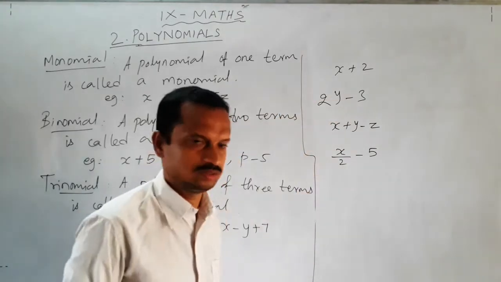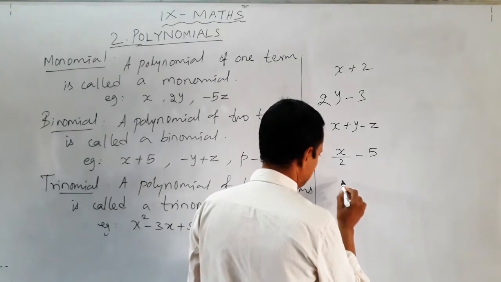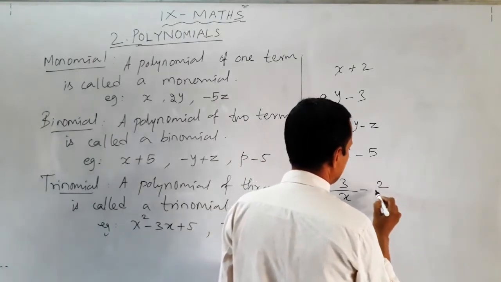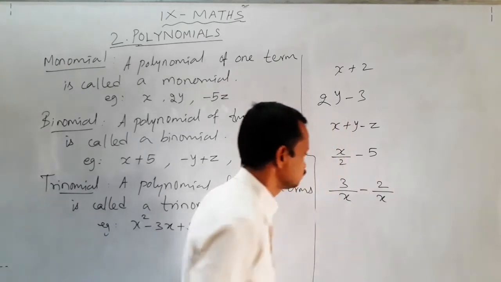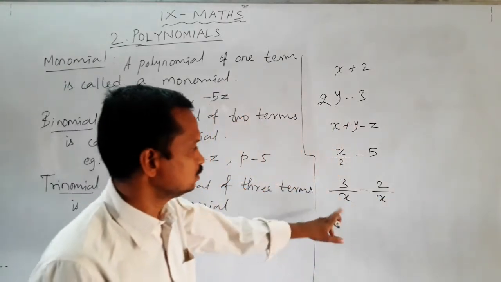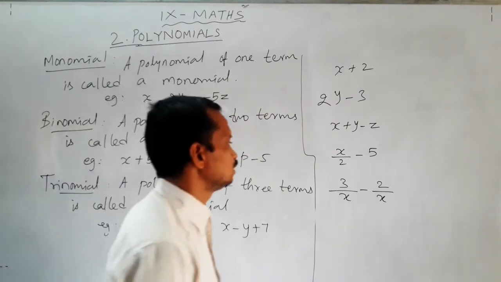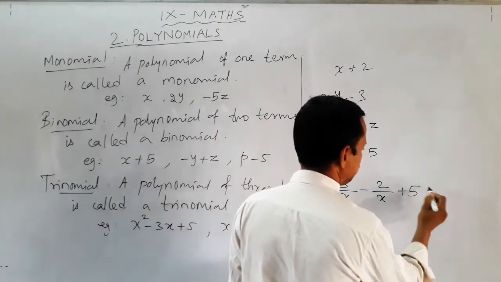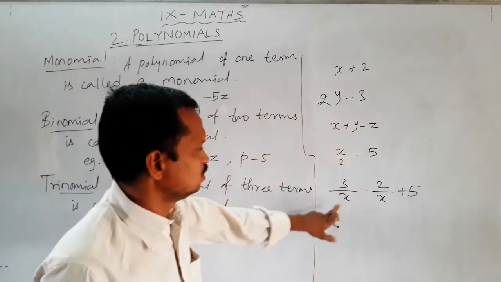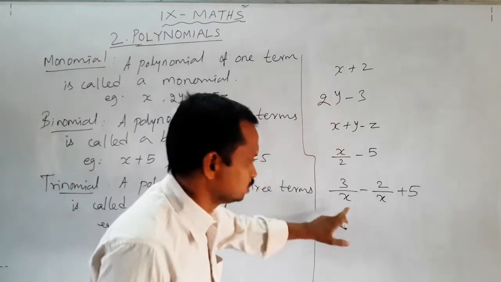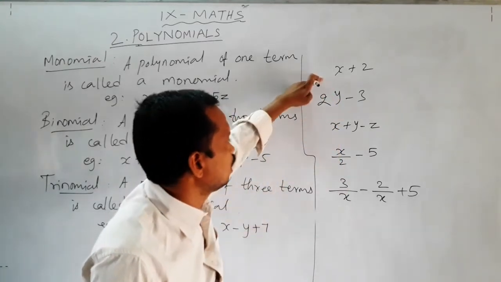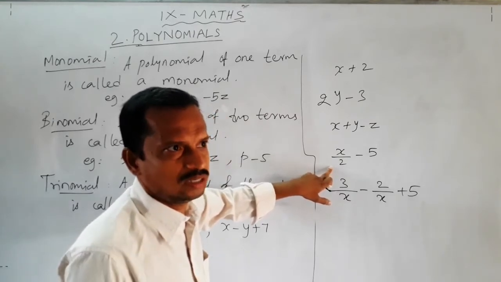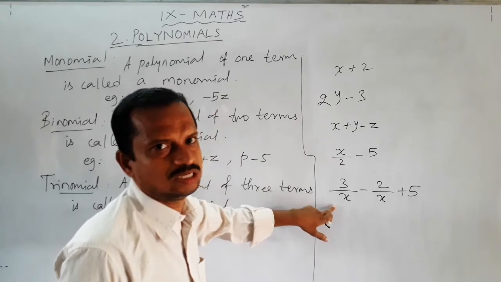All are algebraic expressions. And you see 3 by x minus 2 by x plus 5, any one like that you can take. This is also an expression. All are expressions, but up to the first 4, we can say they are polynomials. But this expression is not a polynomial.